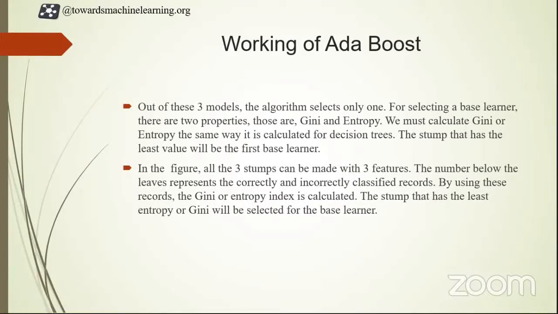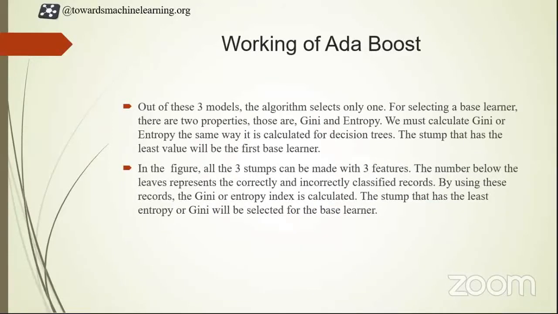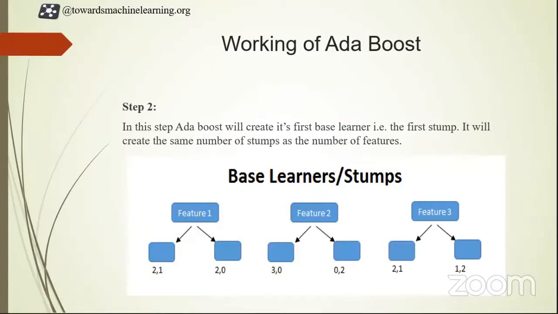In the figure, all three stumps can be made with the three features. The numbers below the leaves represent the correctly and incorrectly classified records. By using these records, the Gini or entropy index is calculated. The stump that has the least Gini impurity or entropy index will be treated as the first base learner.